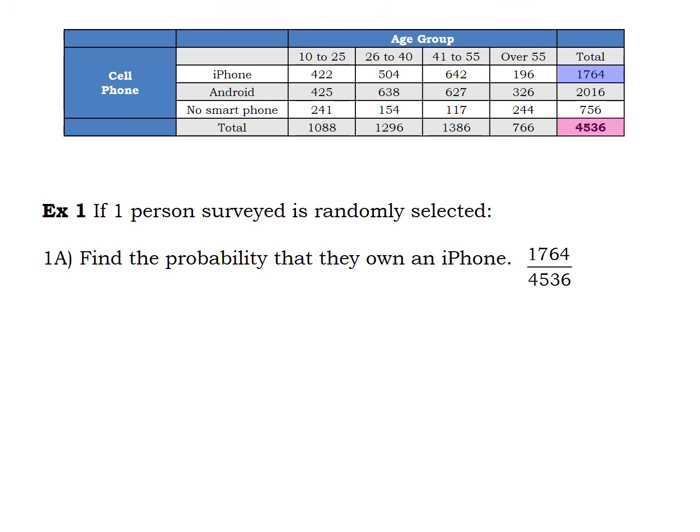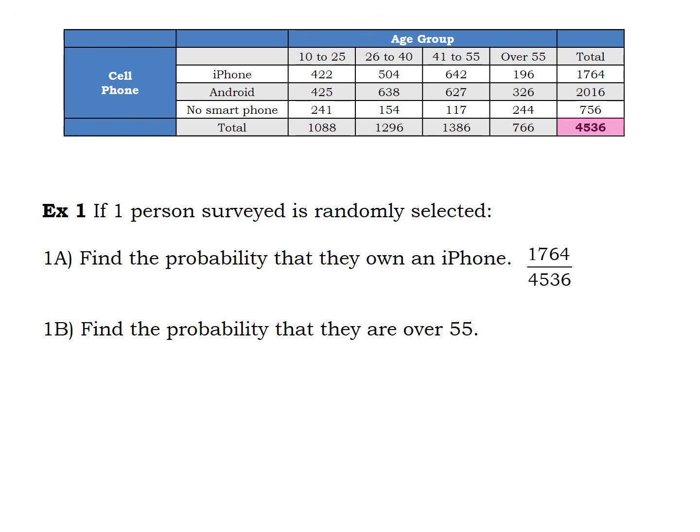Again, we start with our denominator. How many are there to choose from? Then we get our numerator. How many of those that we're choosing from give me what I want? Next, the probability that someone is over 55. Still 4,536 because we're choosing one from the entire group.